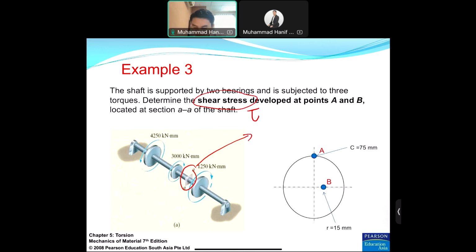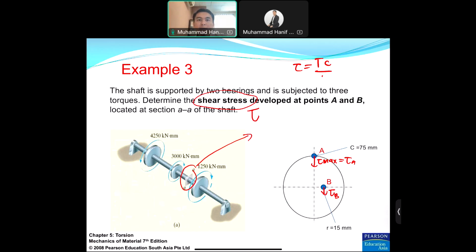So how to do it? The simple way is to jot down or write every single equation that you know. For example, tau is equal to TC over J. This one is tau maximum. C is given, which is 75 millimeter, and T is unknown, so you should get it from the internal load.